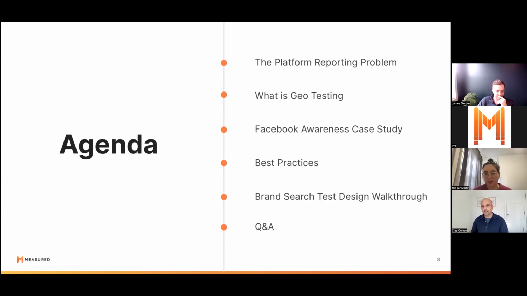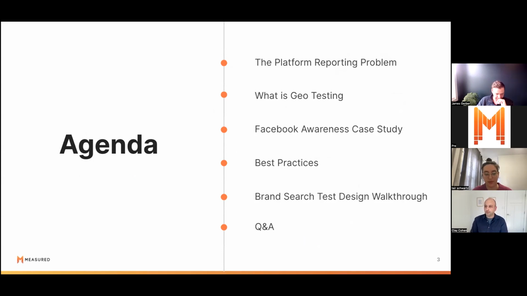Here's a quick look at our agenda. We're going to talk a little bit about the platform reporting problem and the challenges in the industry today, and why platform measurement has some pretty significant challenges. We're going to talk about what geo testing is, geo match market testing, how it works, how to think about it.